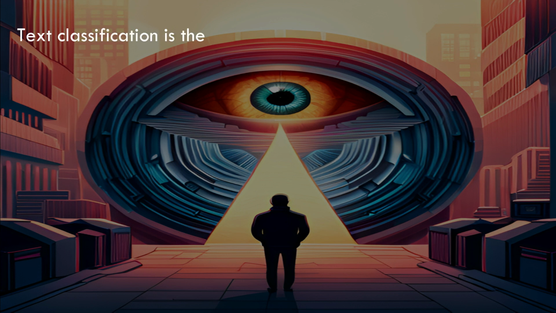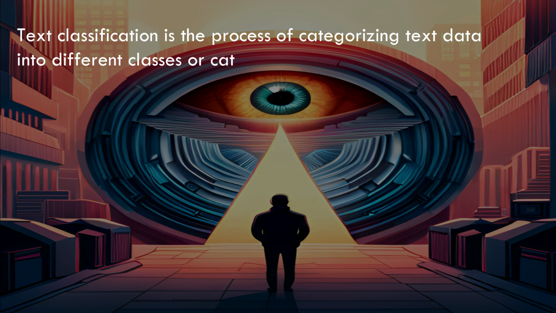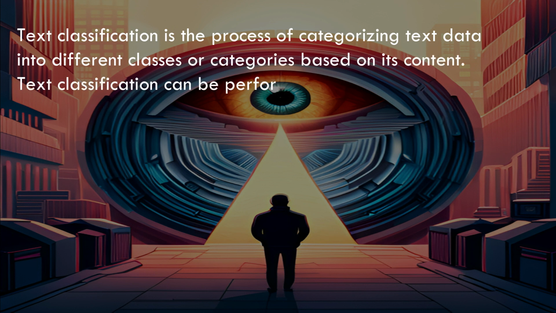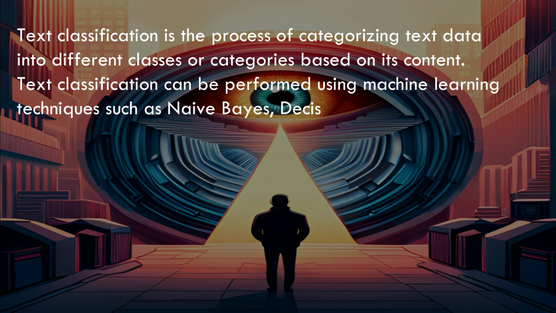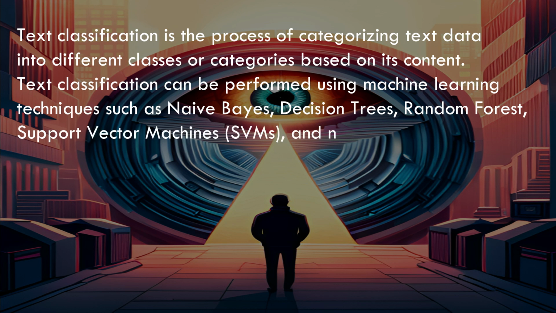Text classification is the process of categorizing text data into different classes or categories based on its content. Text classification can be performed using machine learning techniques such as naive Bayes, decision trees, random forest, support vector machines, SVMs, and neural networks.